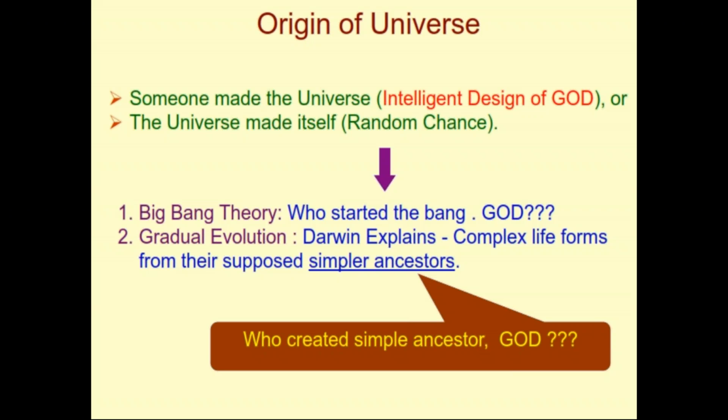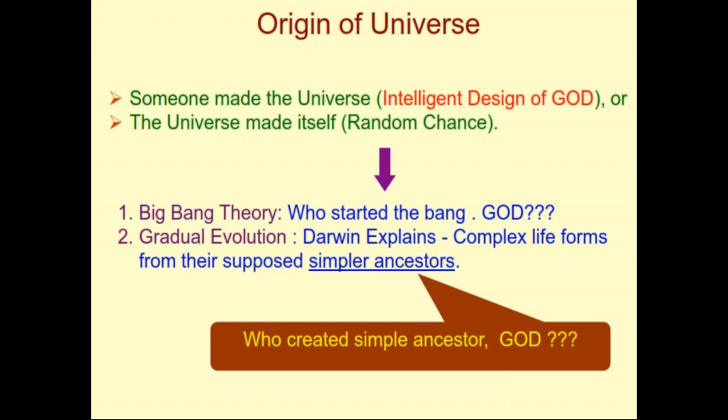Here two major theories are there for the origination of this universe. Some people believe that this has been created by God in 7 days. It is a different theory, but we can say the intelligent design of God.